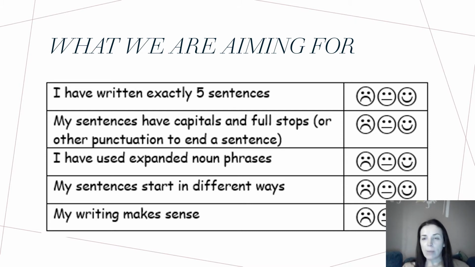That you've used expanded noun phrases, so that's something that you had worked on Tuesday, and then hopefully you were able to put those into your sentences yesterday. Your sentences are going to start in different ways. That's something that we're going to be working on tomorrow. That's not our focus for today. And that your writing makes sense. So hopefully you made sure that those simple short sentences that you wrote yesterday made sense.